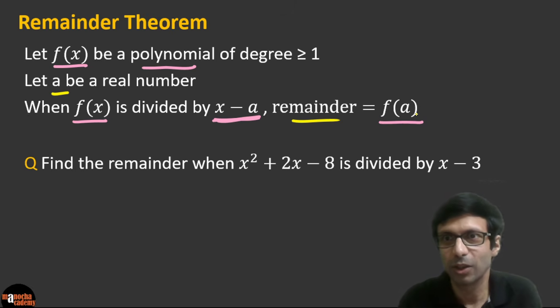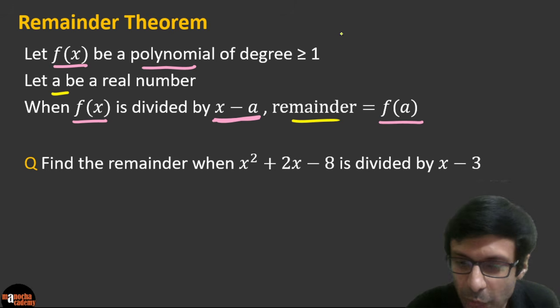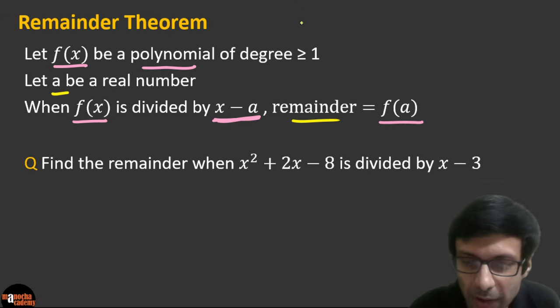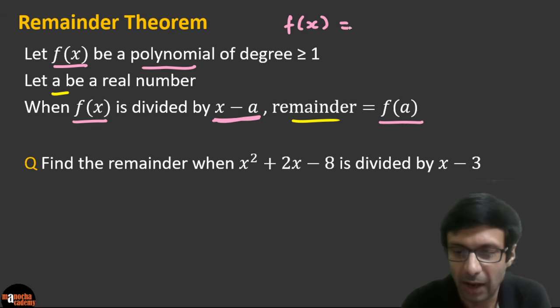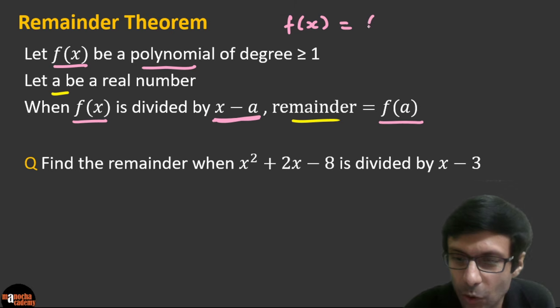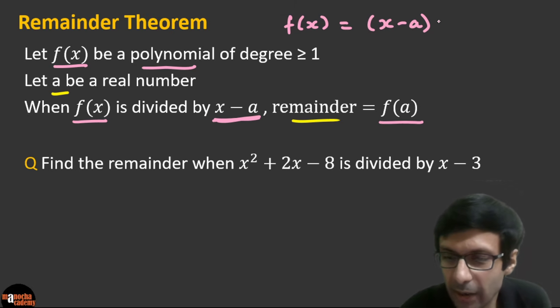Okay, so why is that? If you look at the polynomial, it can be expressed in this form, f of x, right? And you're dividing by x minus a, so this is our divisor, right? And then you're going to get some quotient plus a remainder, right?